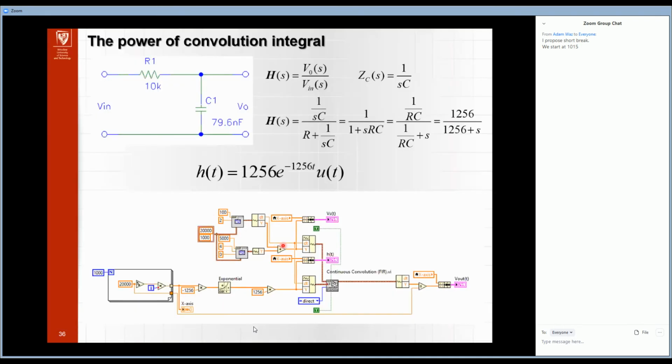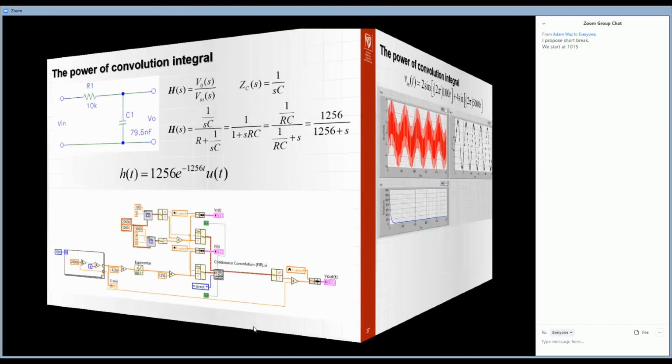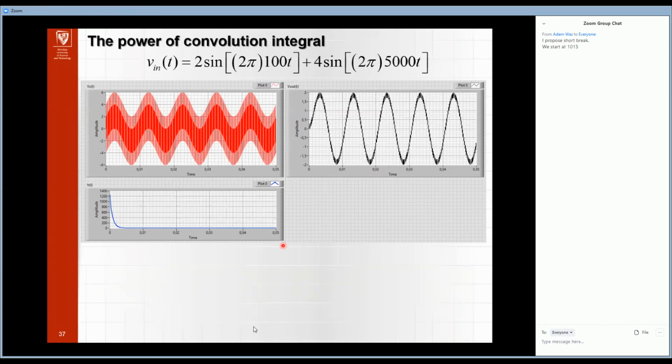Okay, and so we have here the input voltage. This is two sinus functions with different amplitude and frequency.